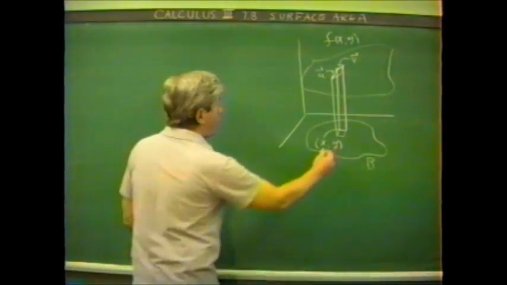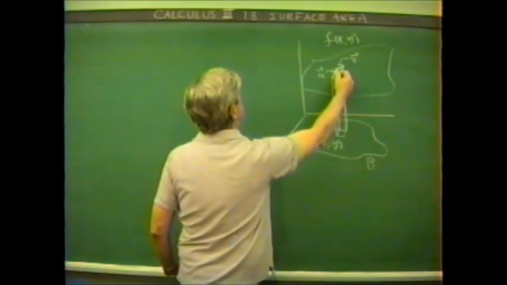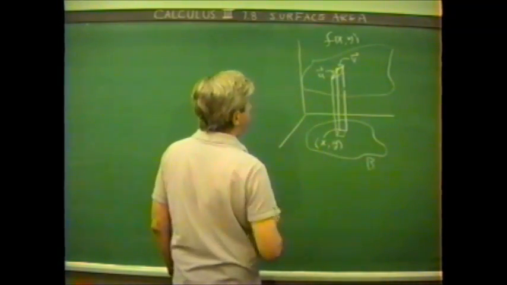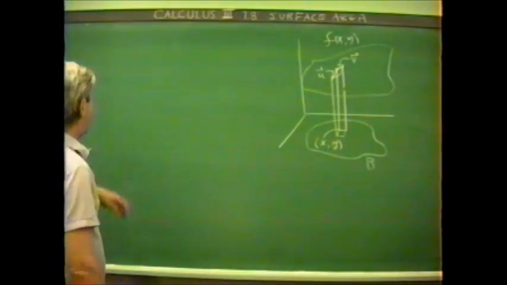Now, if we go in the x direction 1 unit, the vector u is going to be slanted, and it's going to go in the k direction here, exactly.